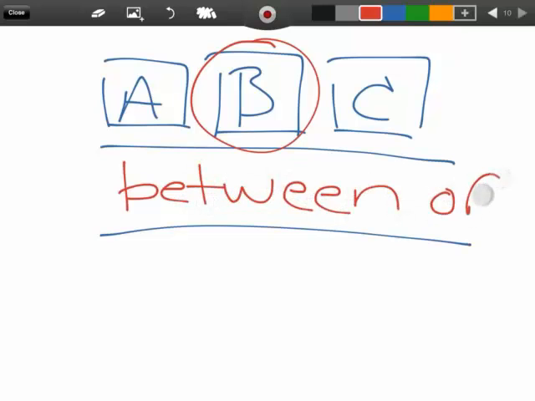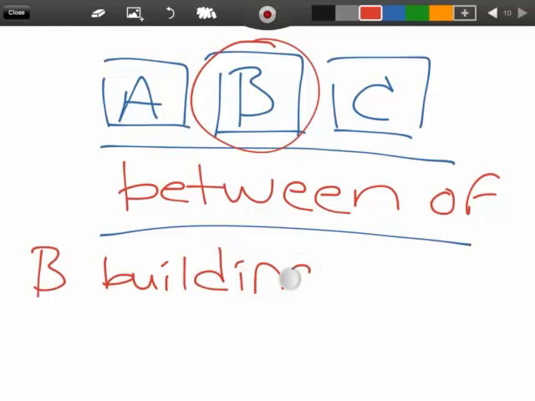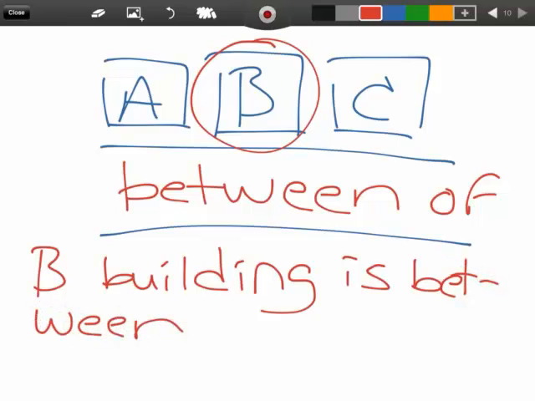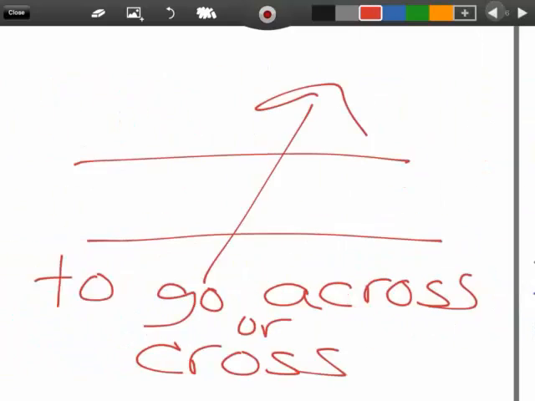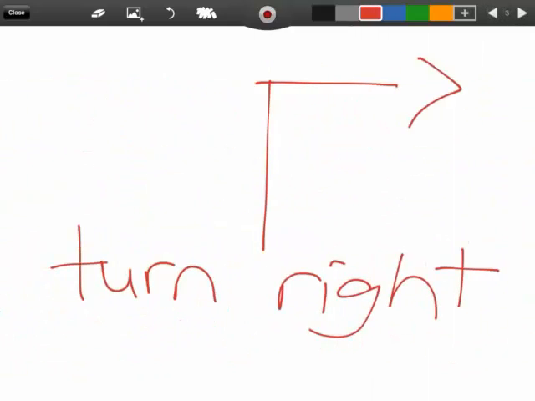You could say B building is between A and C. Right, so let's go ahead and go to the beginning to review these.